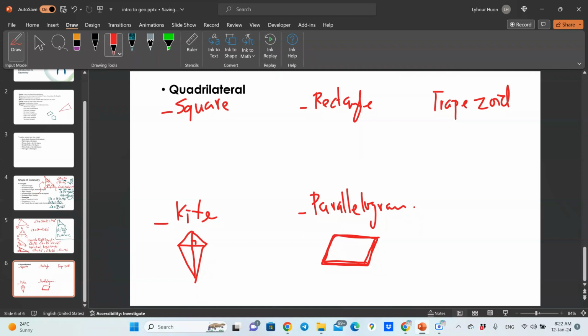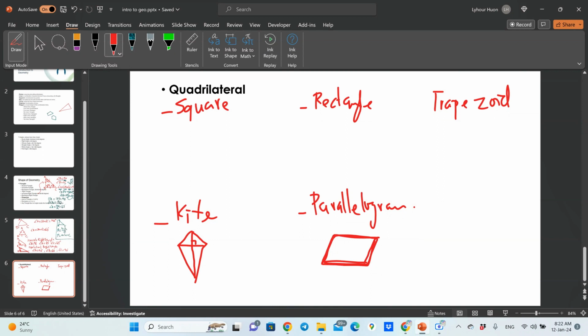How about trapezoids? It's like one pair of parallel lines, and one side is longer and one side is shorter. So that is correct.